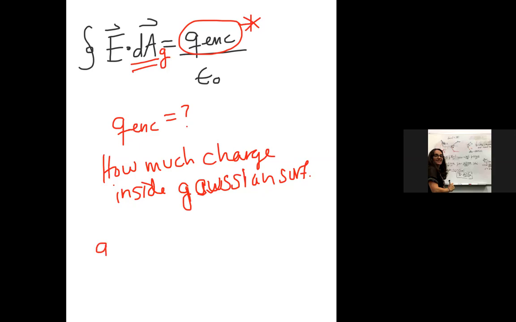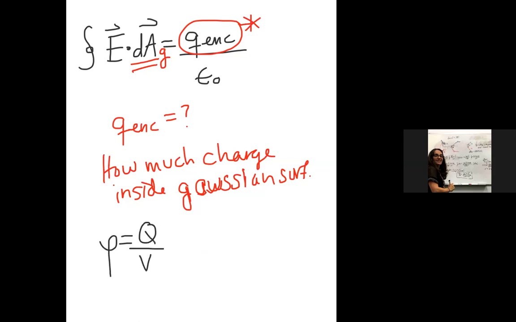So your charge enclosed can be a couple things. It can be a combination of rho times V enclosed. It can be a lot of things. So before you do that, you really have to go back to those definitions and say, okay, if I'm talking about rho, that's charge over volume.